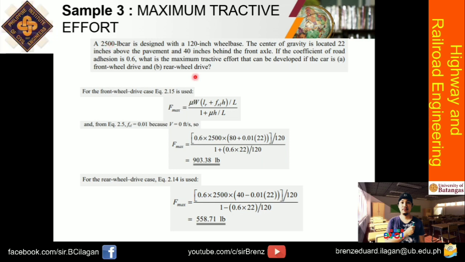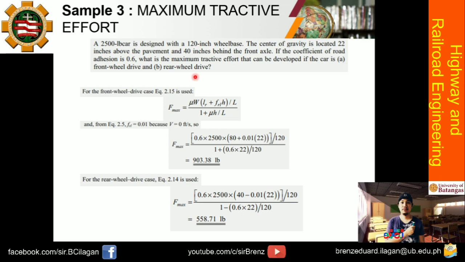So for the front-wheel drive case, equation 2.15 is used. So we have Fmax is mu times W, quantity of L sub R plus F sub RL times H over L, over 1 plus mu H over L. And from equation 2.5, we know that F sub RL is equal to 0.01.